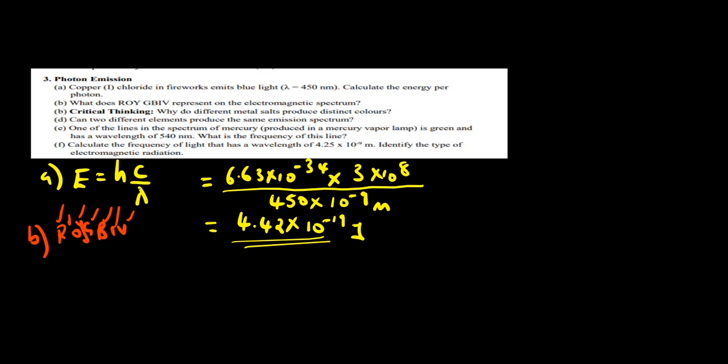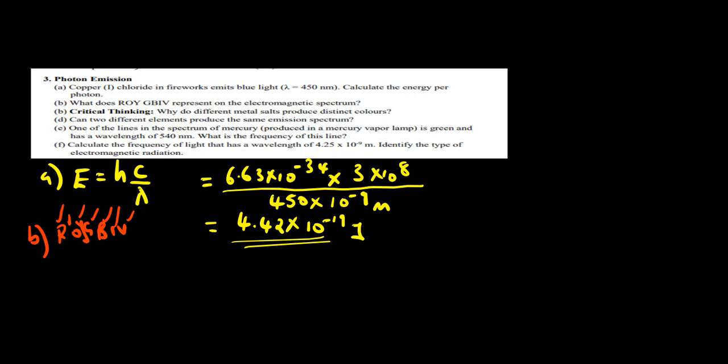These colors are in order of increasing frequency, like I showed you. Increasing frequency means you are decreasing the wavelength, from the one with the highest wavelength to the one with the lowest wavelength.